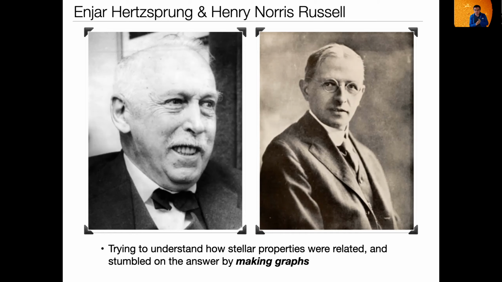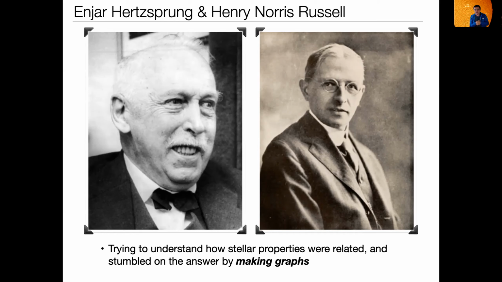And so they were using information like stellar temperature, like stellar brightness, to try and understand what the story of the stars actually was. And in those days, and still today, one of the things that we often do in astronomy is you make graphs. You take everything you know about stars and you make graphs, and you look for patterns. You look for structure in the graph.